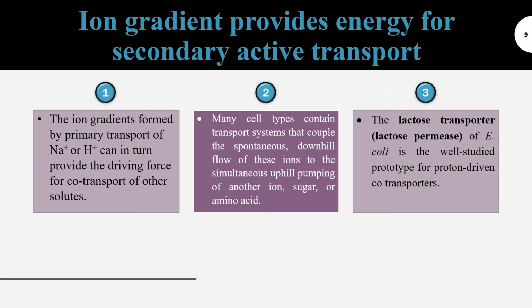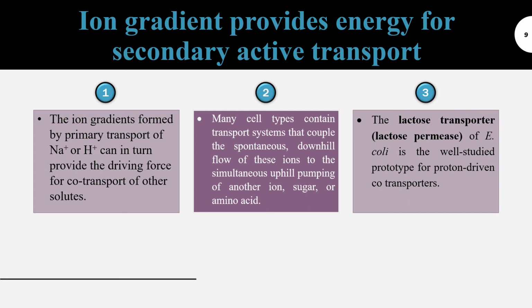The cell spends its primary energy to create the gradient of sodium ions and protons, and then uses this gradient for solute uptake. Many cell types contain transport systems that couple the spontaneous downhill flow of these ions to the simultaneous uphill pumping of other ions, sugars or amino acids.